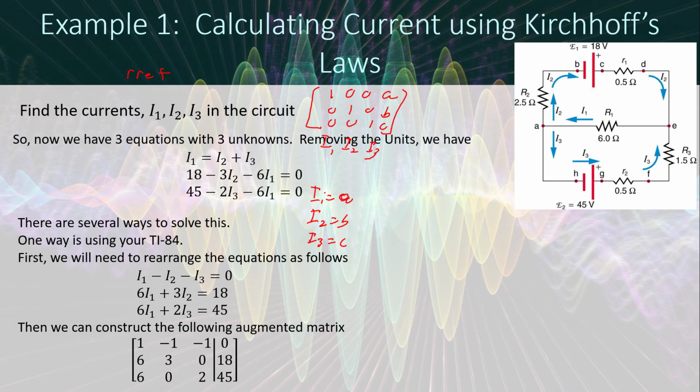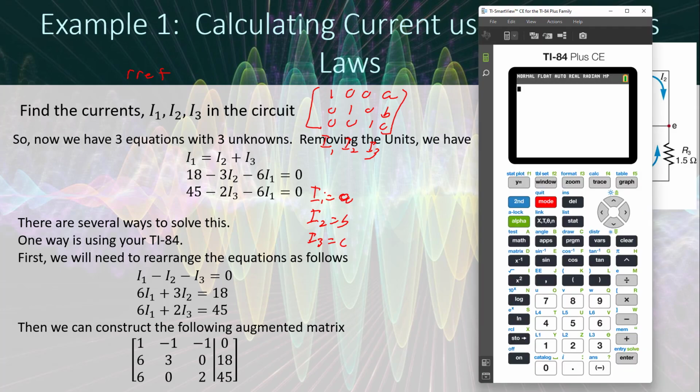So how do we compute that using our TI-84? What we can do is go to second, matrix, and we want to go to math. And we're looking for a function called RREF right here. To find that, you can either go down the list or up the list, and you will find it next to item B. There it is, RREF.